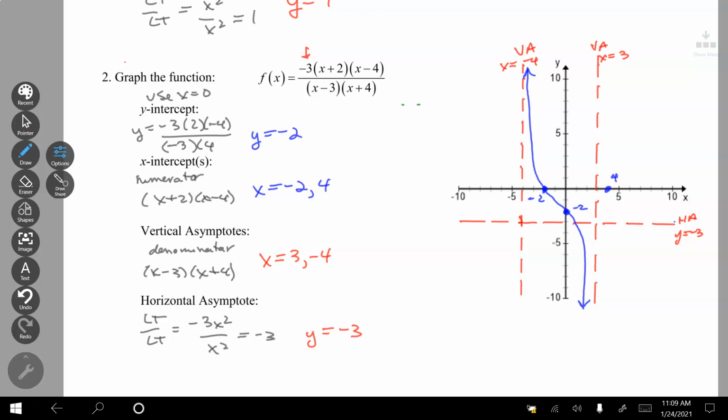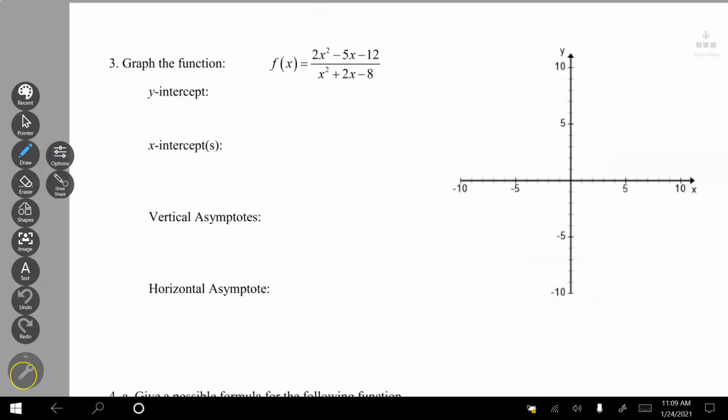And the right side of the graph I have to be level, but there's a dot to go through, so I'm going to be level going up to infinity next to the VA. And over here, there's no dot here on this x-axis. So I can't go through the x-axis, so I have to be level on the far left and going down to -infinity so I don't cross that x-axis. And there we go. This is what the graph looks like.